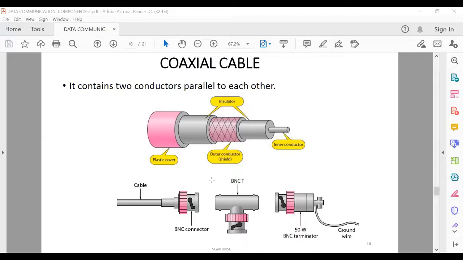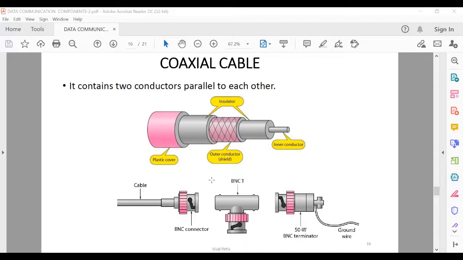Baseband transmission is defined as the process of transmitting a single signal at very high speed. But in the case of broadband transmission, multiple signals can be processed simultaneously.